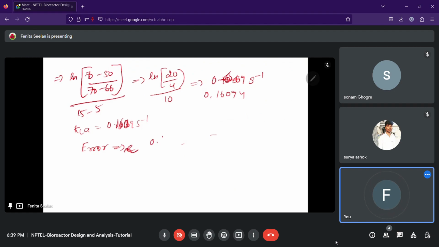It is 0.1609, and the other one is 0.0, so approximately 80% error is there.